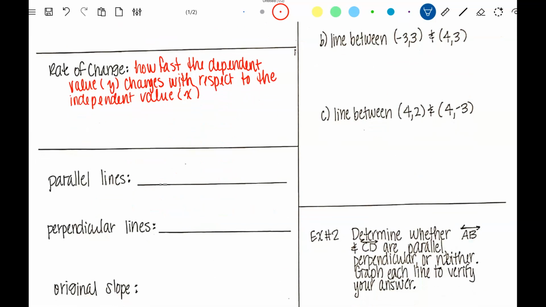Okay, parallel lines. Remember, parallel lines, they never cross, and so they're slanted exactly the same. Since they're slanted exactly the same, they have the same slope.